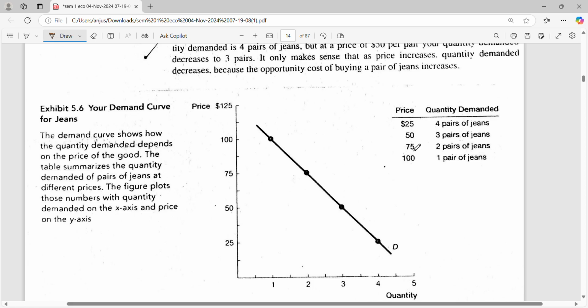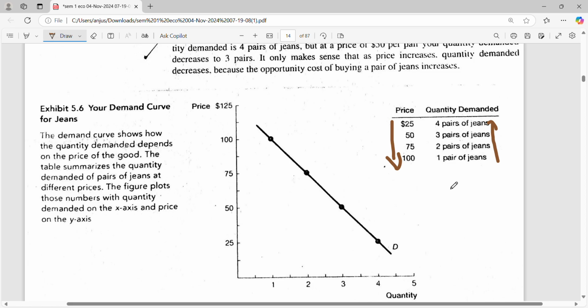And when it is 75 rupees, again increased, two pairs of jeans, and when the price is 100, you are able to afford just 1 pair of jeans.